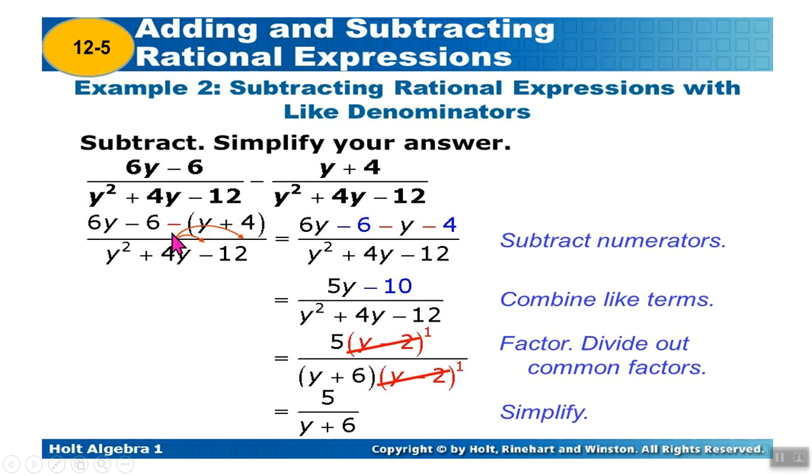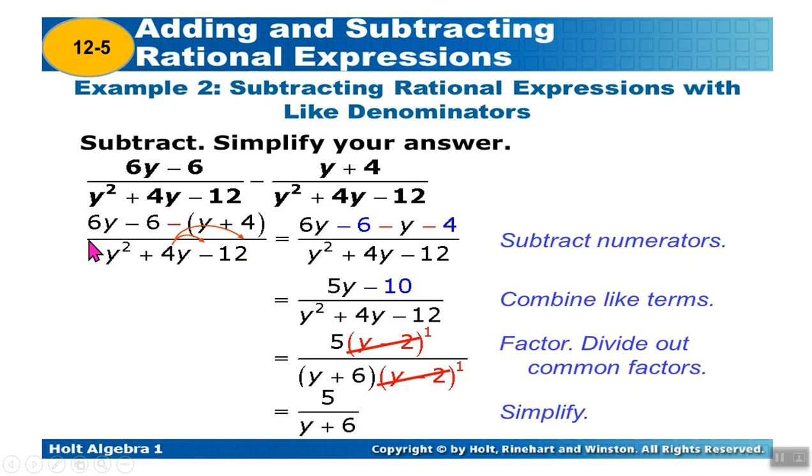Be careful to put it between parentheses, because this minus is for all. If you did not put the parentheses, then the minus would be only for the y, which is incorrect. So we must put the parentheses in subtraction. In addition, no problem, but in subtraction you have to put parentheses around the numerator after the subtraction.